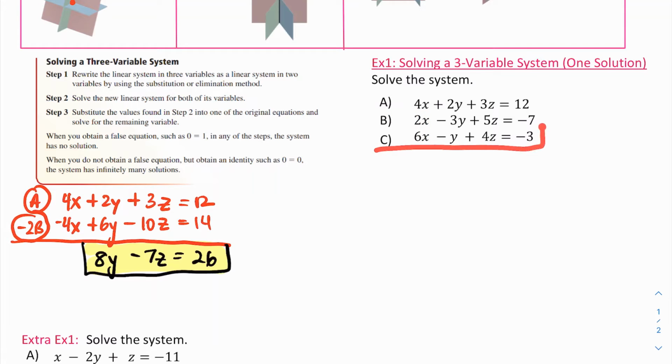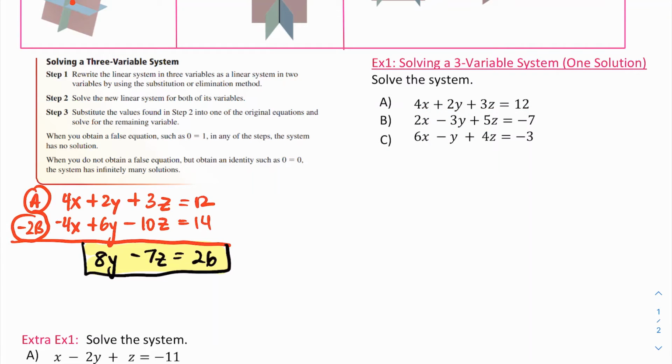So I'm going to use this equation as it is, which is 6x. And again, I can't cancel the other variables because I've already canceled x once over here. And so I need to cancel the same variable again. So in order to do that, I'm going to take the B equation and multiply it by negative 3 so that it cancels the 6x. So let me draw a line here.